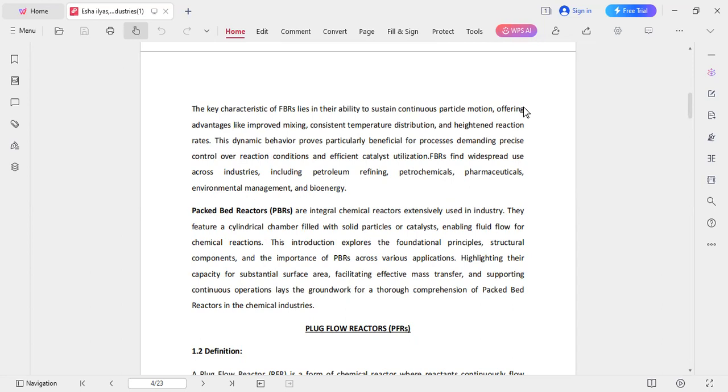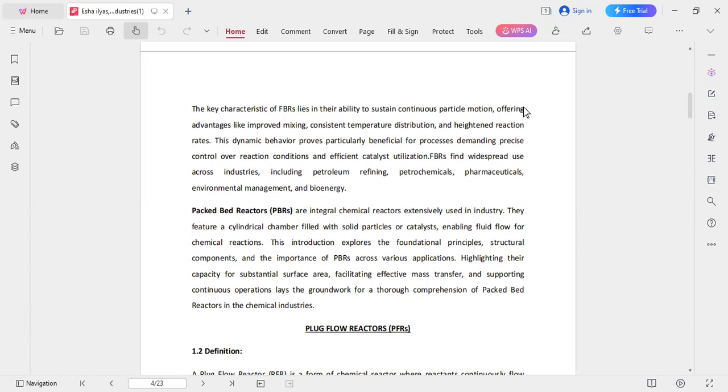This dynamic behavior proves particularly beneficial for processes demanding precise control over reaction conditions and efficient catalyst utilization. Fluidized bed reactors find widespread use across industries, including petroleum refining, petrochemicals, pharmaceuticals, environmental management, and bioenergy.